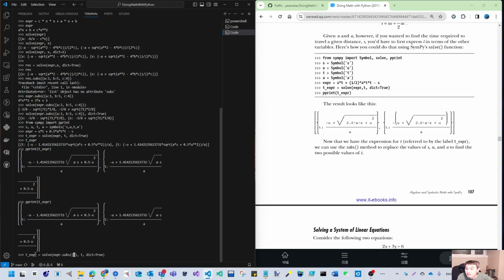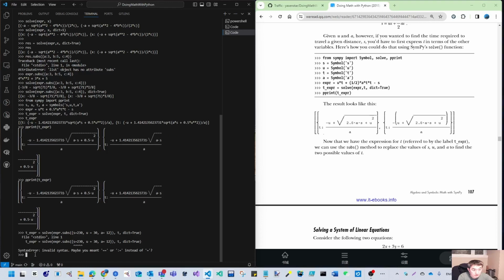So s equal to 200, u is equal to 30, a equal to 12. I think that's enough. Let's try to see the new t.